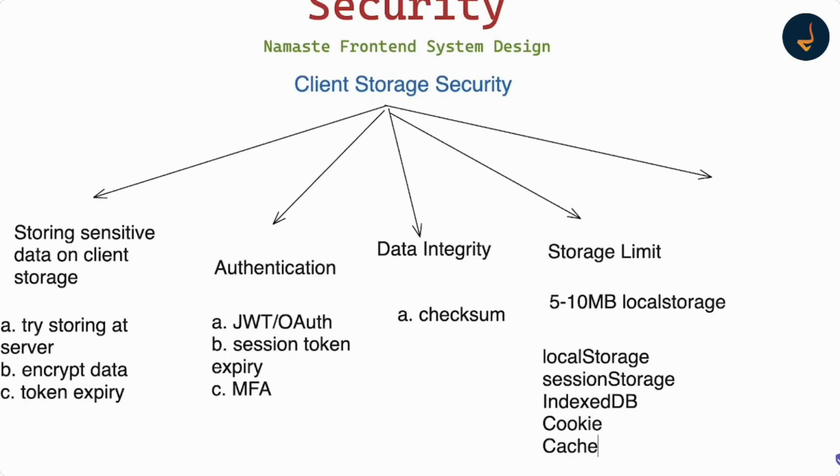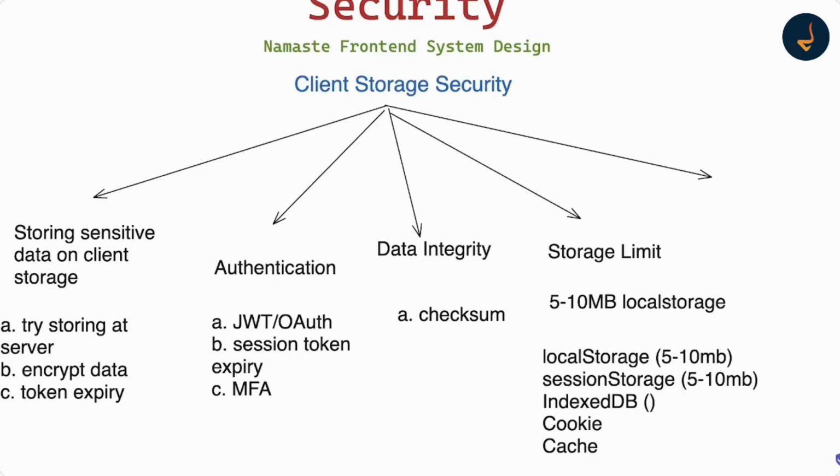Now all of these come with some limits. What are those limits? Let's talk about it. In general, local storage has 5 to 10 MB per domain. Like for one domain, this is the limitation that we have. Session storage is almost quite similar, which is 5 to 10 MB of data that you can have in your session storage also.